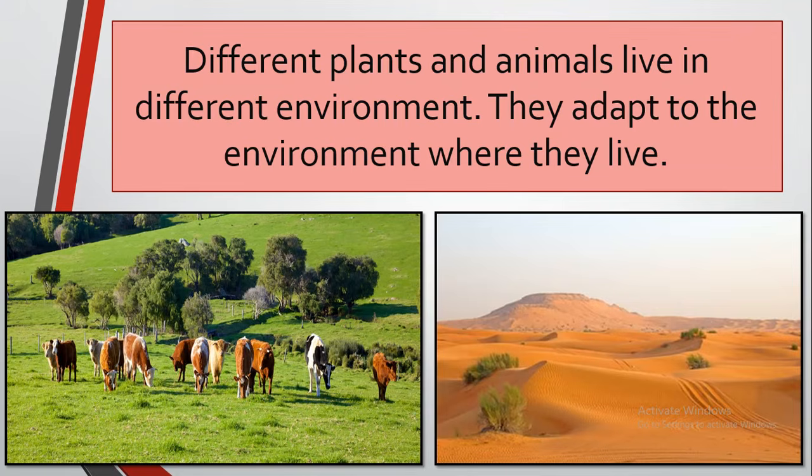So, animals and plants that live in the desert adapt to live in this hot, dry environment. They have special parts that help them live there to get food, to stay safe, to get water, and etc.